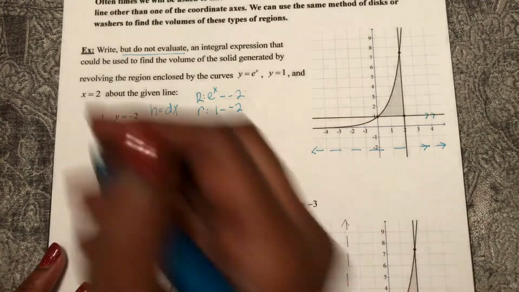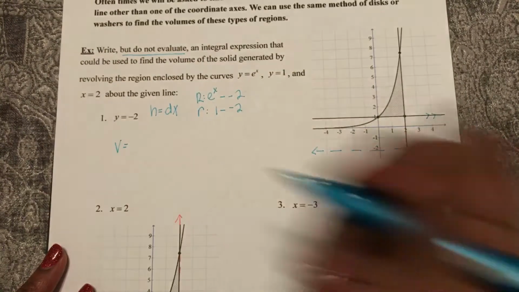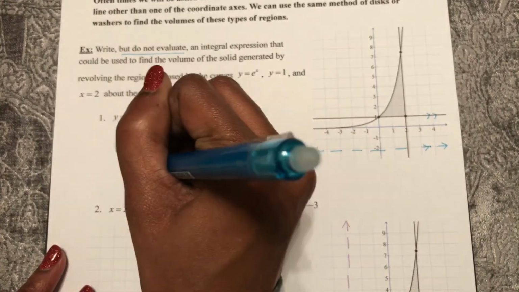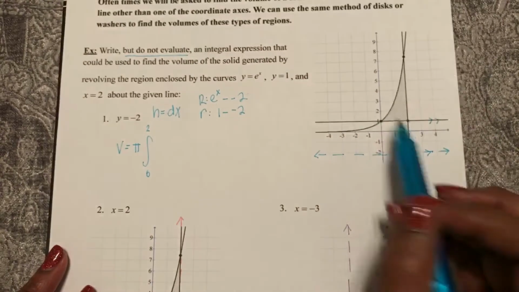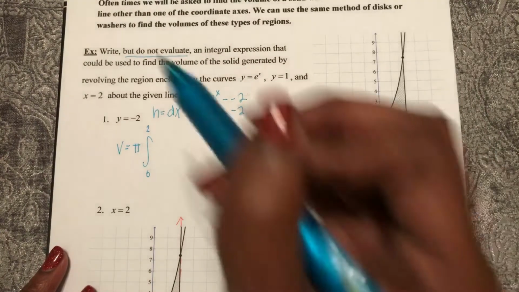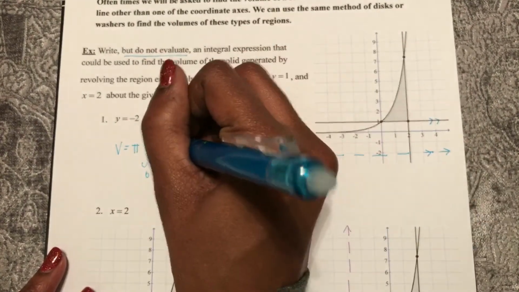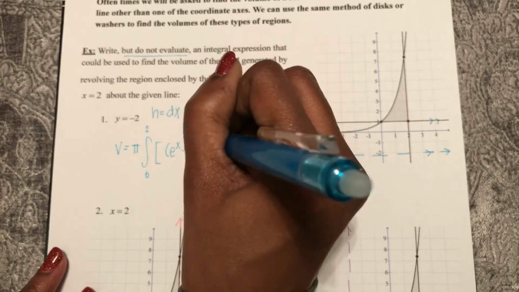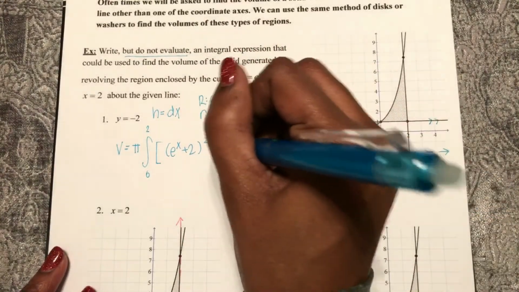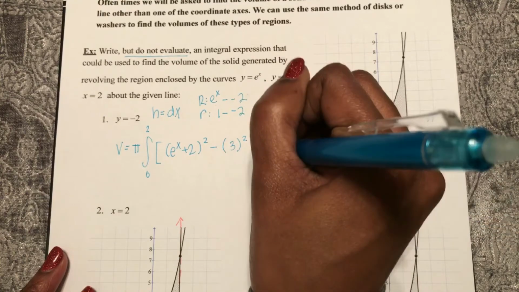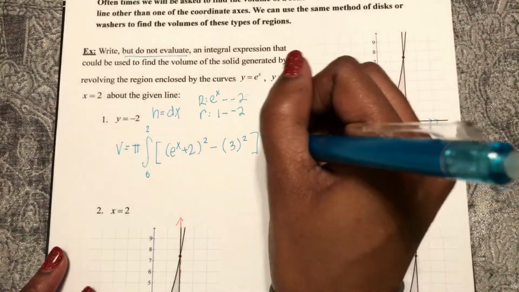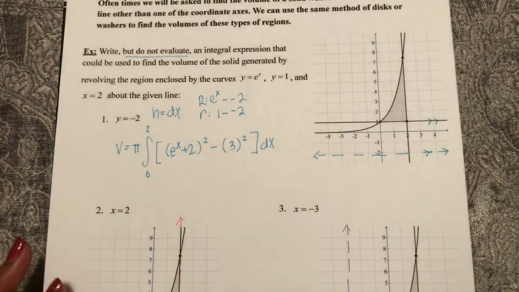So now to set up my volume, it's pi integral from 0 to 2, of my big radius squared, subtracting my little radius squared, multiplied by my height.